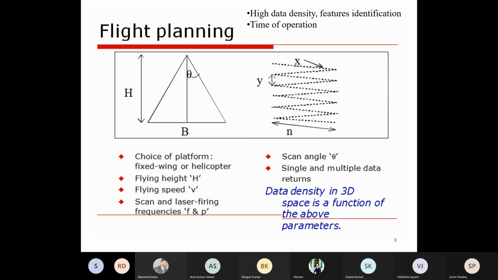So dx, the spacing between two successive points along the scan line, that is dx along, is equal to what in this case? That is the total number of points in a line that starts from the left end and goes to the right end. Because that length only we are considering, 2h tan theta by 2, is the swath.